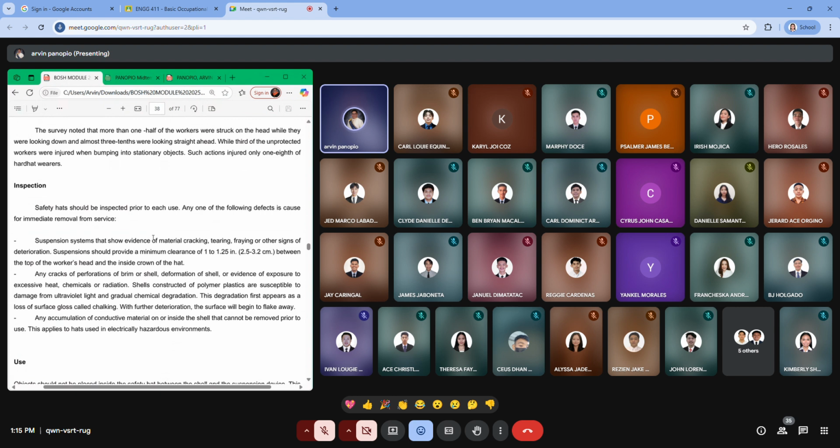So, dapat ang allowance nun from that parang plastic object na yon is 1.5 or 1.25 inches. Dapat may allowance na 1.25 inches before it reaches the surface of the hard hat. So hindi pwedeng sobrang lapat agad yung ating head doon sa hard hat.